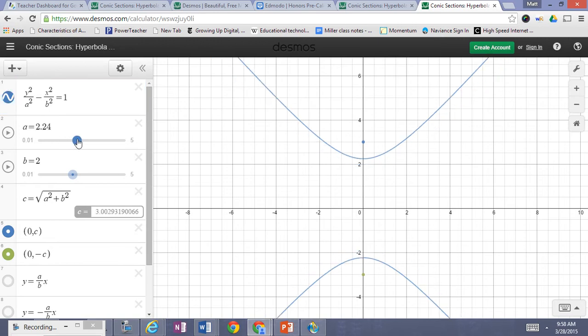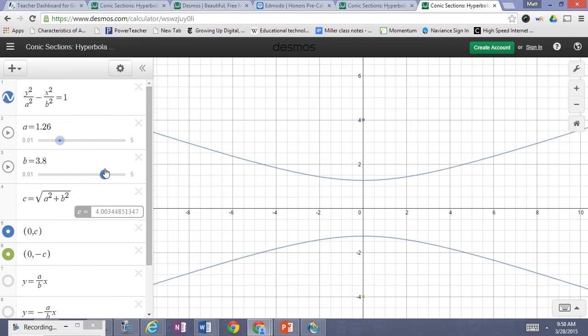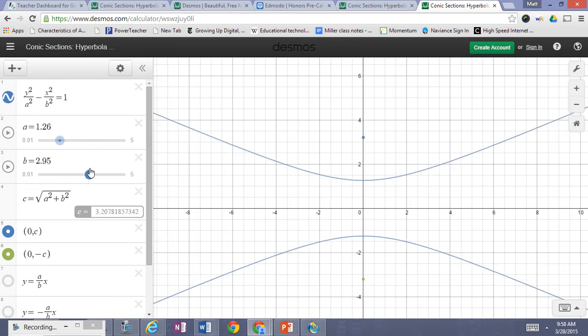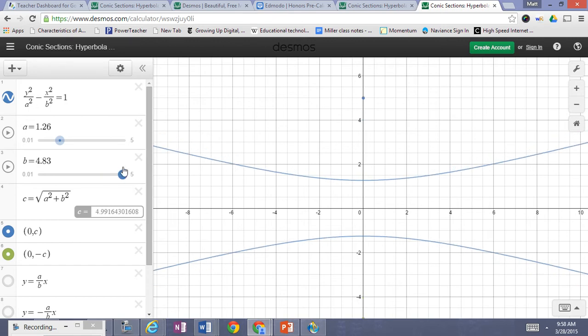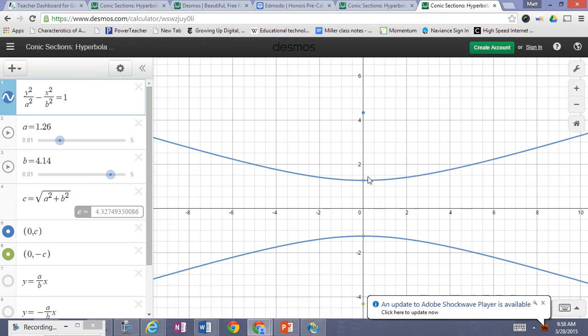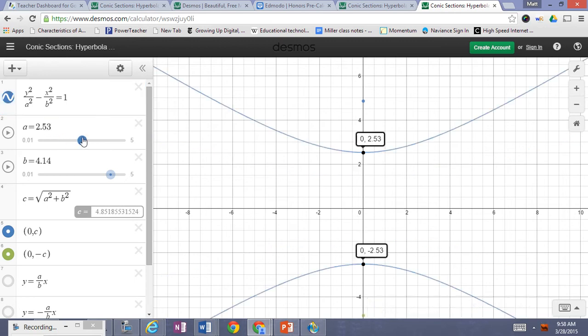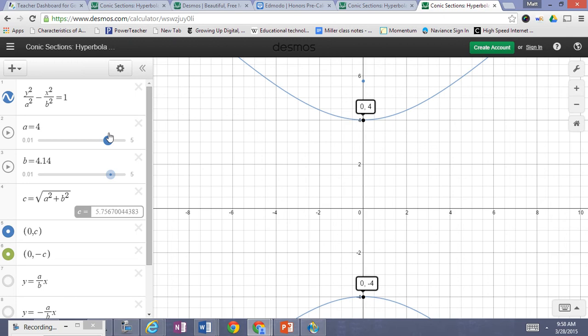Again, there's no mandate that A be bigger than B. The broader this hyperbola gets, the further our focus drifts away from the vertex, and the vertex is always indicated by that A value. So that's nice and convenient.